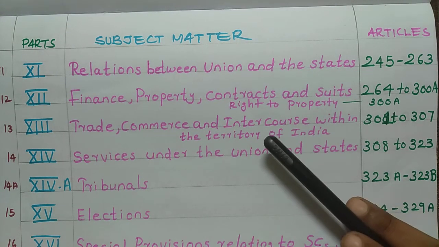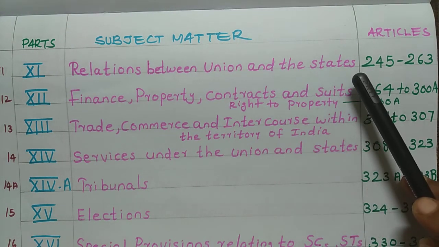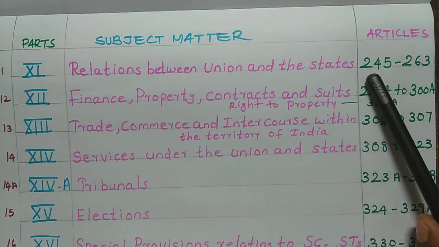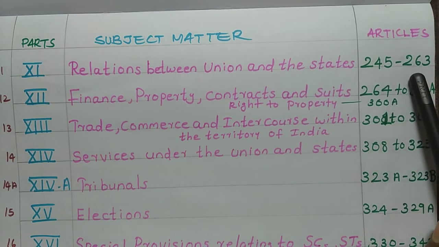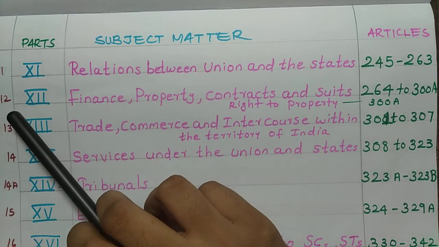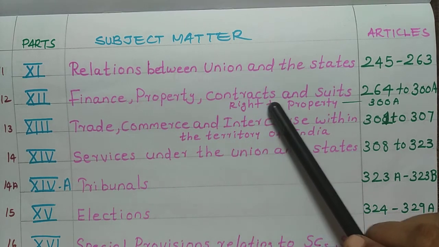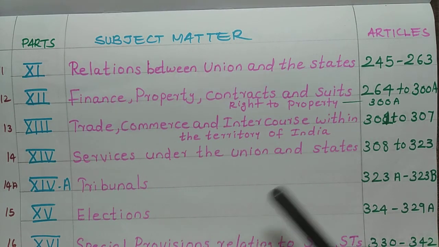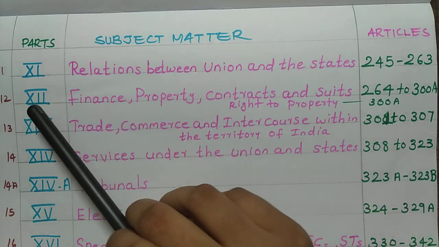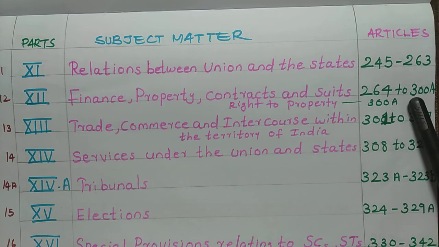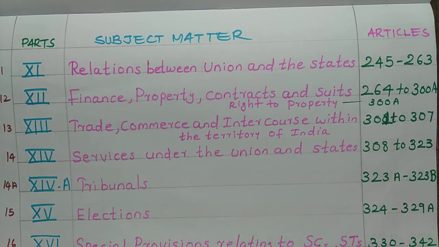The relation between the central government and the state government comes under Part 11, and the related articles are 245 to 263. Part 12, finance, property, contracts and suits. All this comes under Part 12, and articles 264 to 300A. In that, 300A is right to property.